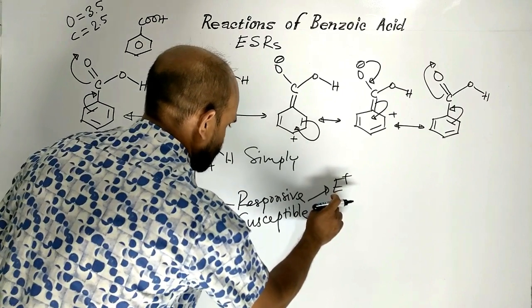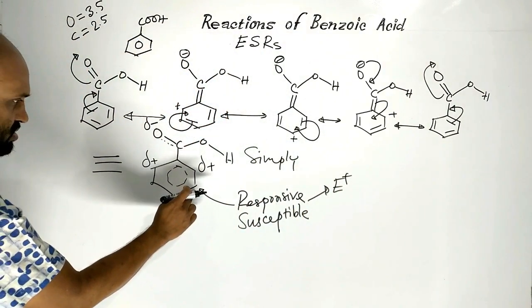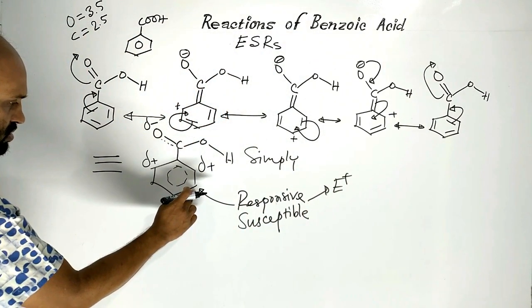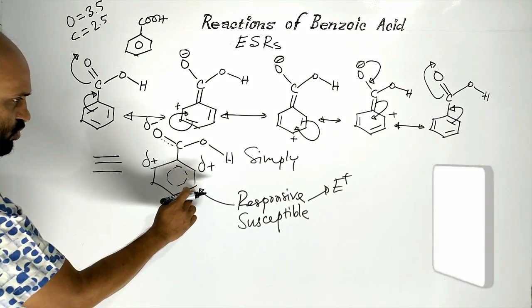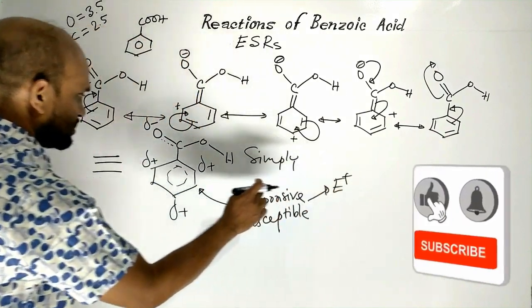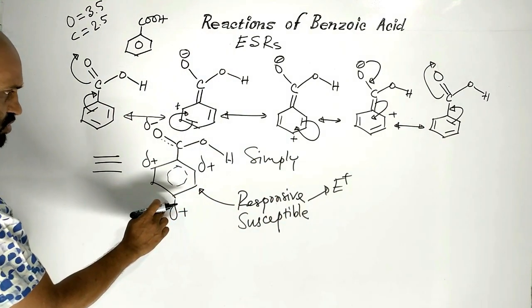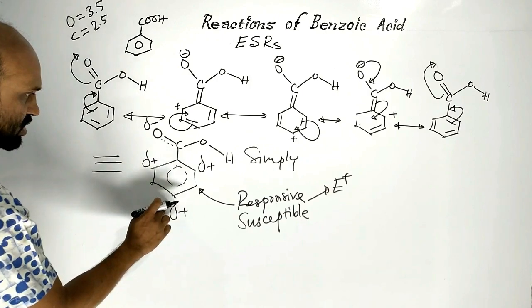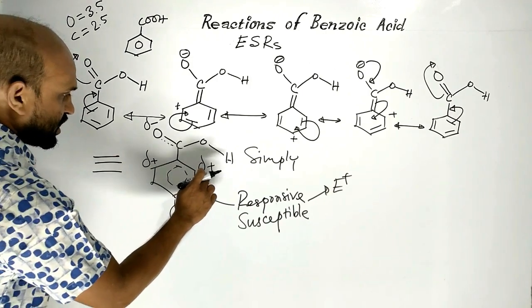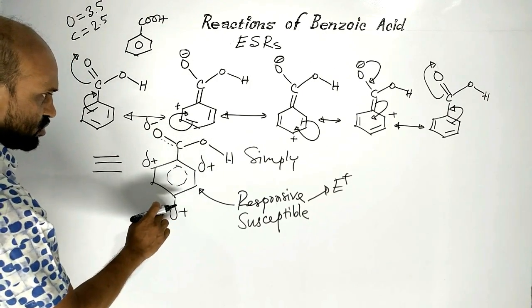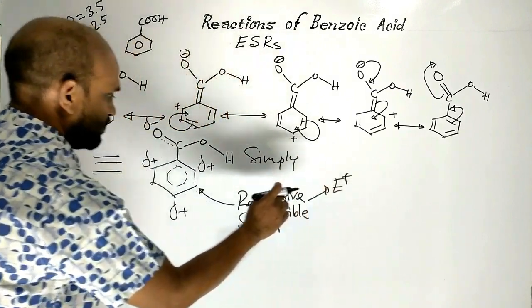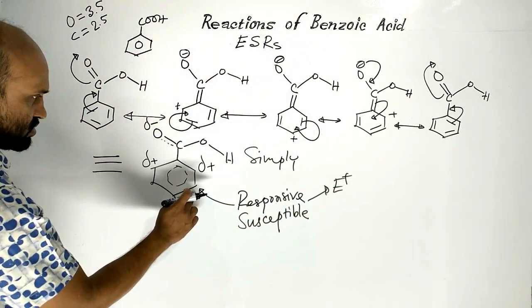So, electrophile attacks metacarbon because metacarbon is comparatively responsive towards electrophile than orthocarbons and paracarbon, because orthocarbons and paracarbon are partially positive in charge. So, electrophile simply attacks metacarbon.